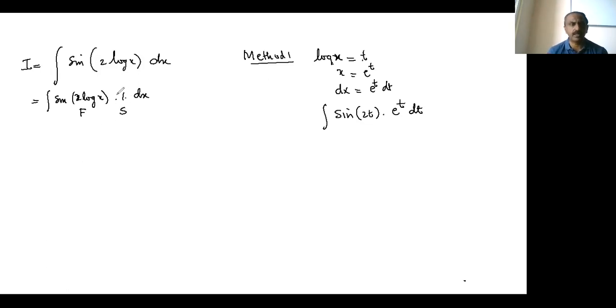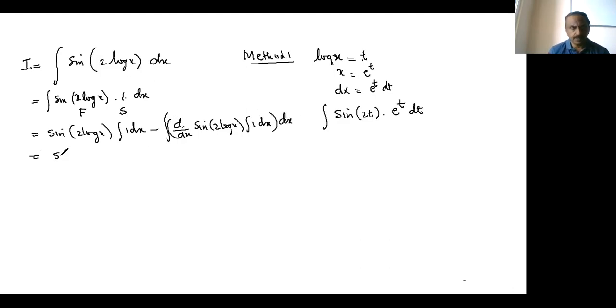Always you know that whenever in the I method, 1 is taken as the second function. So the first into integral of second, minus integral of derivative of first into integral of second whole into dx.